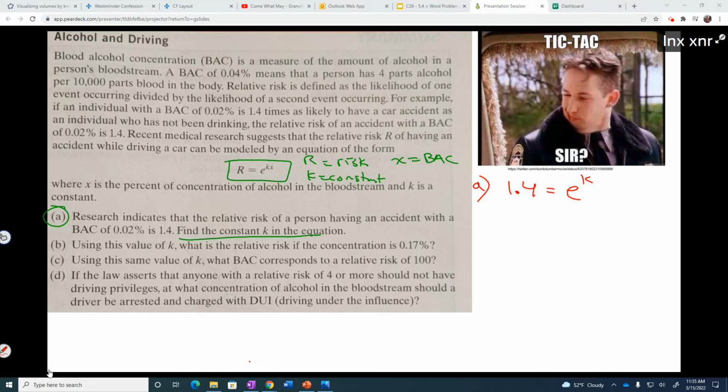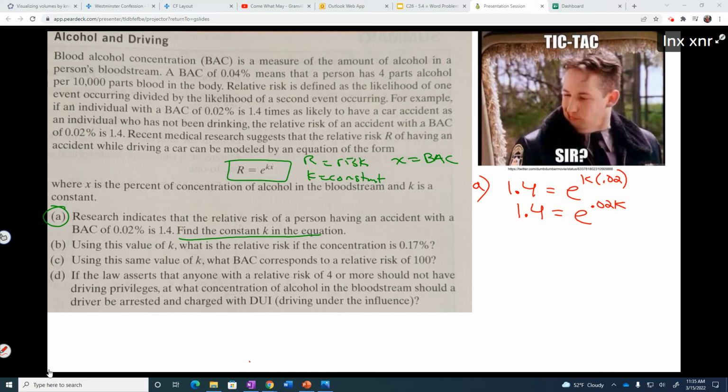And then the X is 0.02. Okay. So plugging that in, we have everything except for one variable which we don't know. And generally this is just written as 1.4 equals e to the 0.02k. Just write the number first for us.